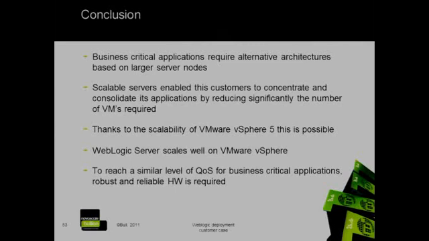Scalable servers enable this customer to consolidate its applications by significantly reducing the number of virtual machines required, going from over 200 virtual machines to 55. And thanks to the scalability of VMware vSphere 5, this is possible, because before we were limited to 8 vCPUs. And WebLogic Server scales very well on VMware vSphere 5.